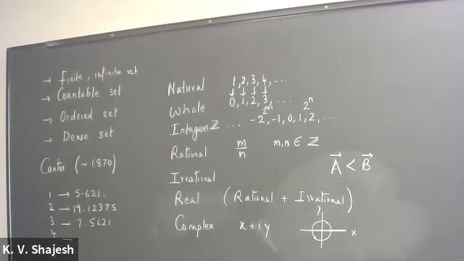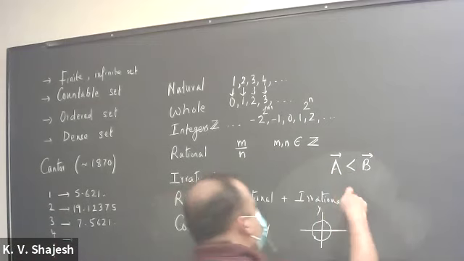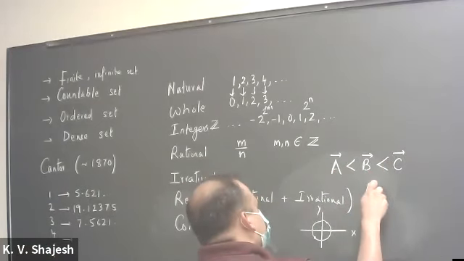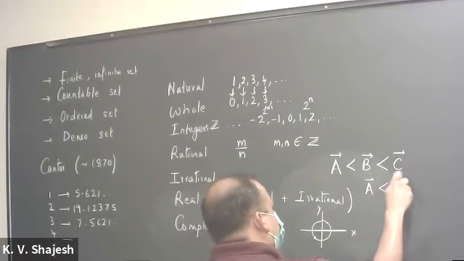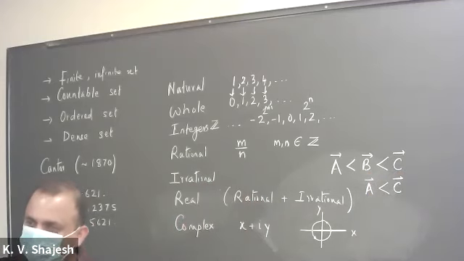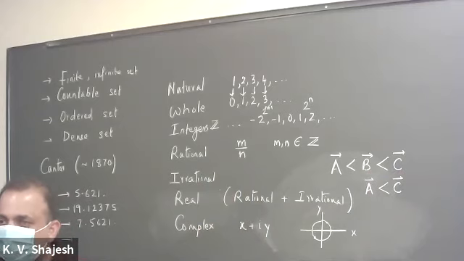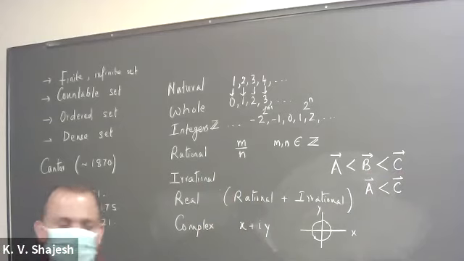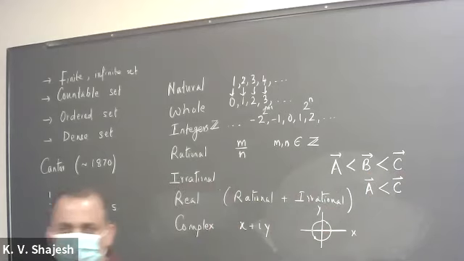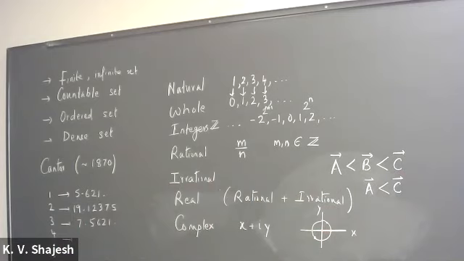Ordering should be: if A is less than B and B is less than C, then does it imply that A is less than C? That would be ordering, and that's not necessary here. You can always construct three vectors where A is less than B, and B is less than C, but A need not be less than C.